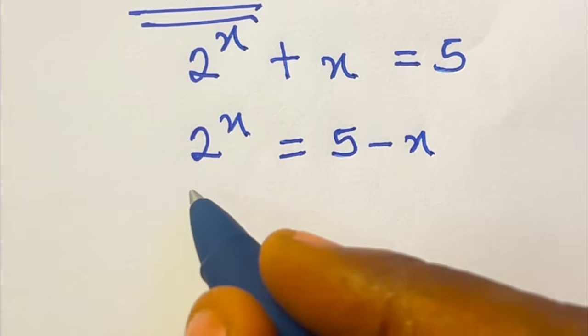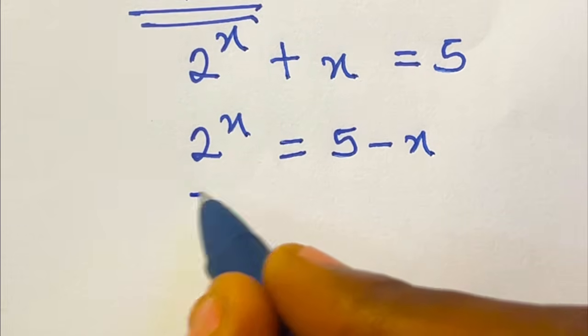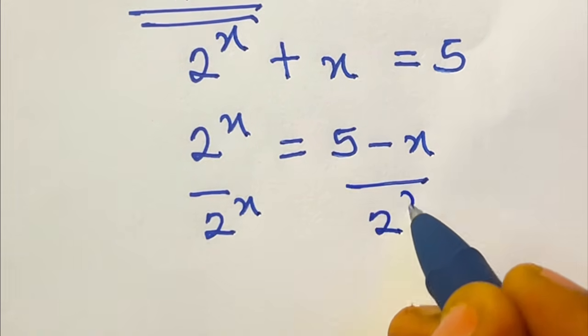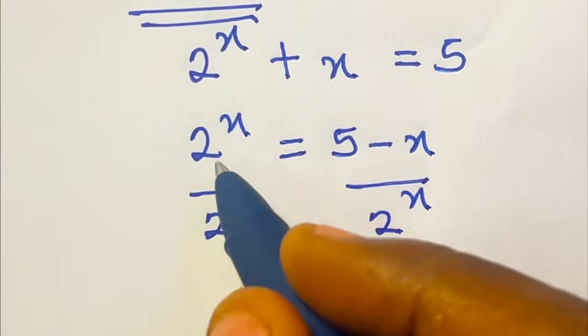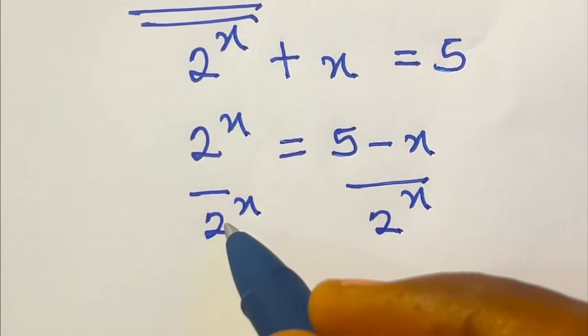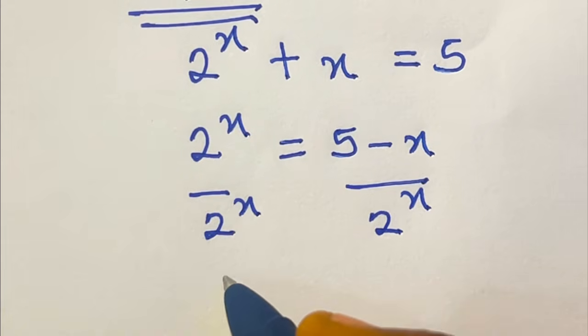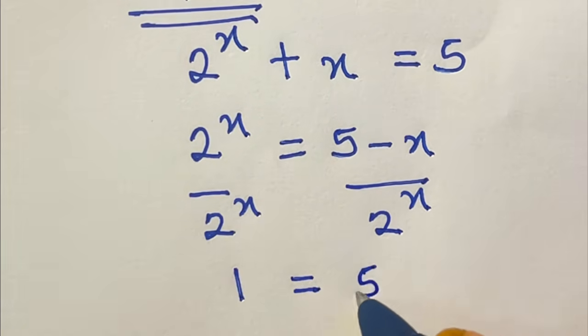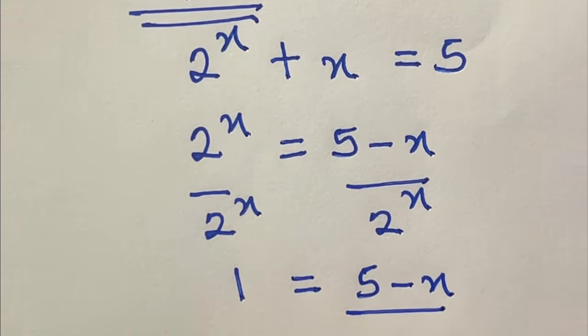Alright, so here we have to divide both sides by 2 raised to power x. So 2 raised to power x divided by 2 raised to power x will give us 1, equals 5 minus x divided by 2 raised to power x.